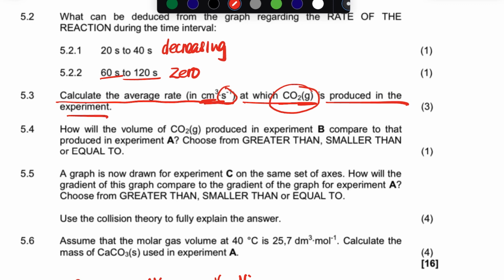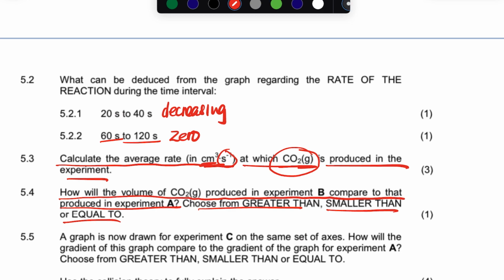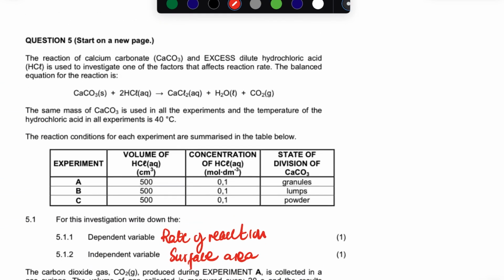Now in 5.4, it says, how will the volume of carbon dioxide produced in experiment B compare to experiment A? Choose greater than, smaller than, or equal to. We're comparing B to A. Guys, the masses are still the same.